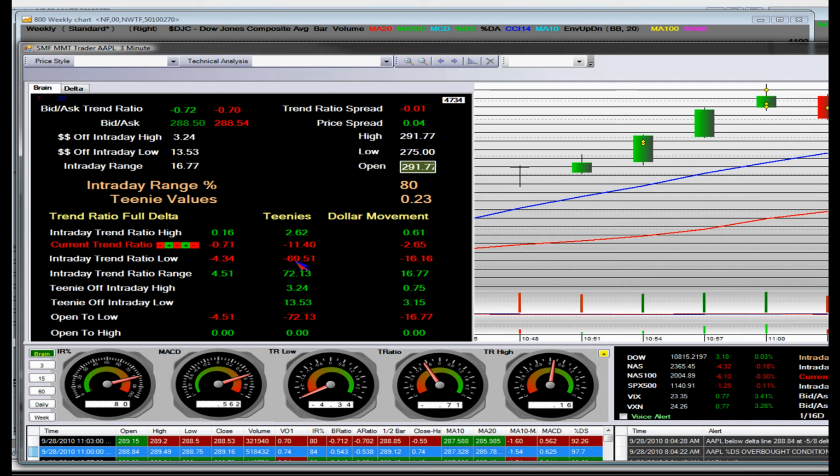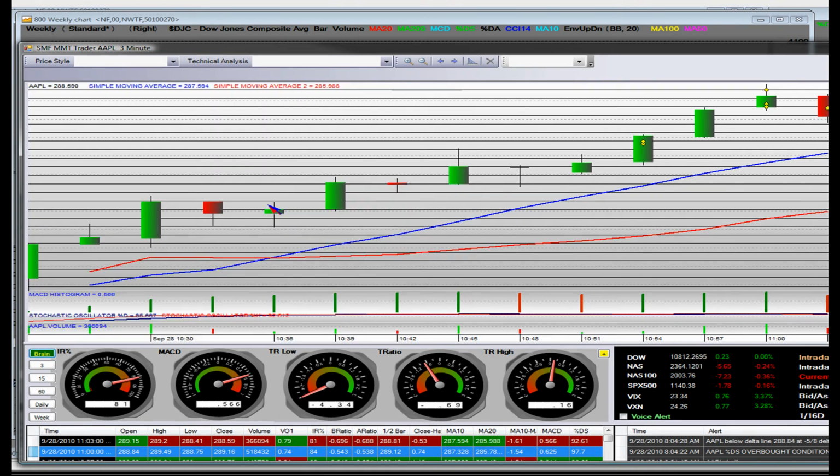You bounce 59 teenies almost, 58.5 teenies off the low. That was down, the dollar movement down, buying that teeny equaled $16.16. Well, I'm sorry, right now at 10.81 teenies, we are only down $2.56 on the equity from taking those price levels way down over here.